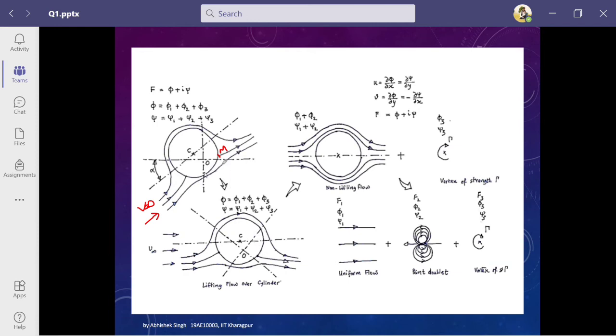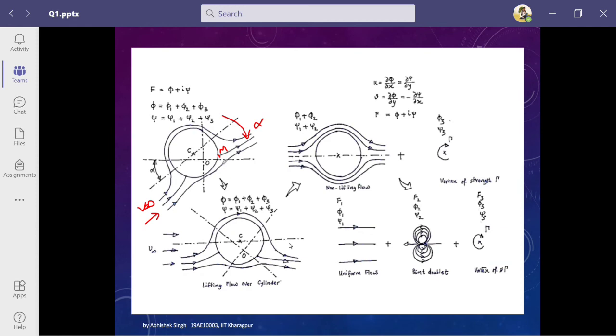Just for better understanding, we rotate it in a clockwise direction by alpha angle, say 30 degrees, to make it parallel to the horizontal axis, for better visualization.